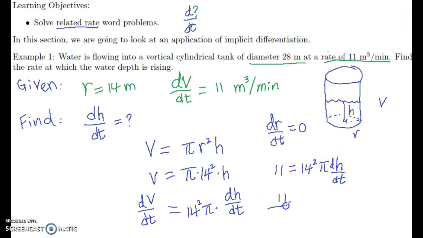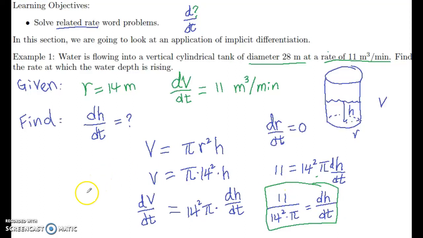So 11 divided by 14 squared times pi equals dh over dt. This is the exact answer for this problem. And if you need to enter a decimal solution, you just use a calculator and round to however many decimal places the question requires.